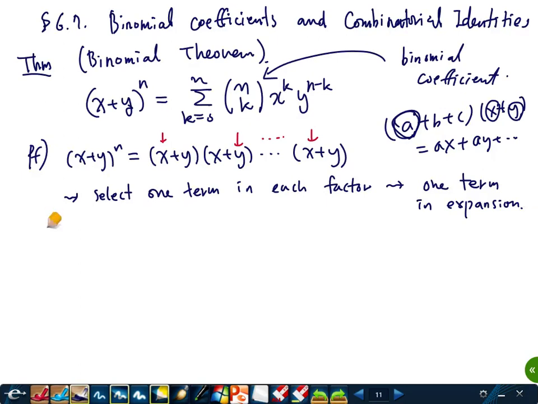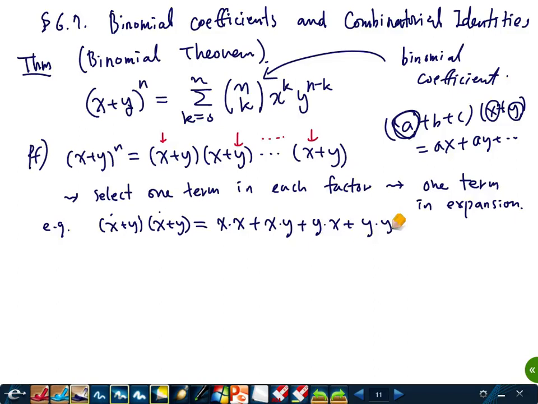So for example, x plus y, product of two binomials. We select x, and that gives us x times x, right? And we can select x times y, or we can select y and x, or we can select y and y, like that.